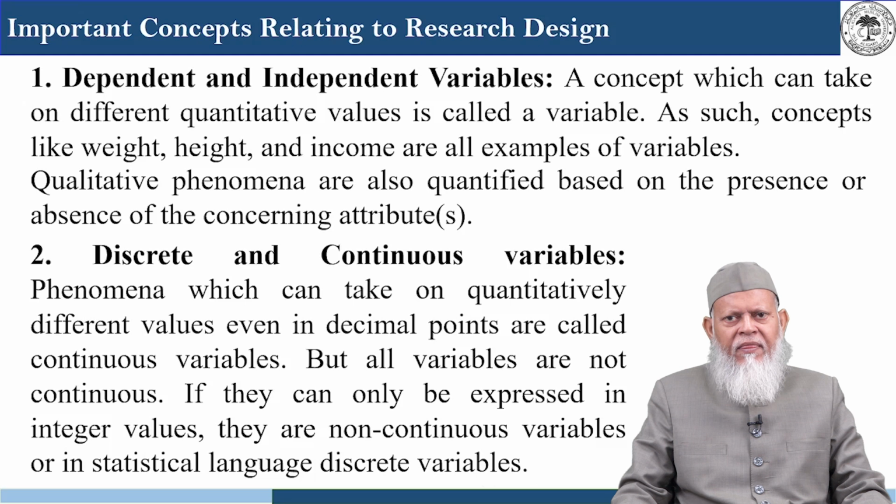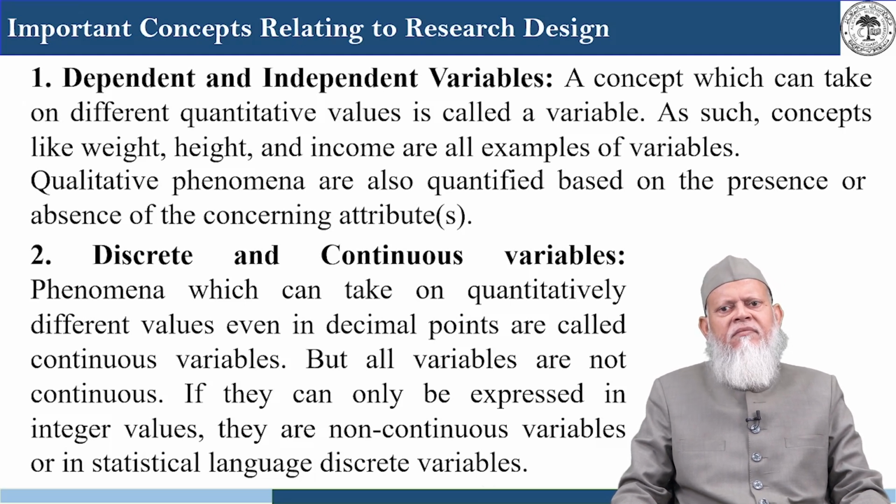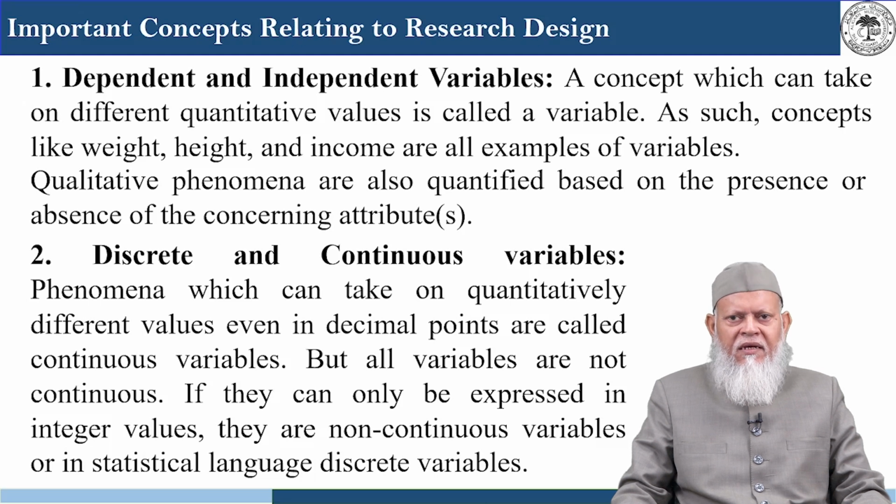Or if we say that poverty breeds crime, then again here poverty is an independent variable, whereas crime is the dependent variable, because poverty is making crime happen through the statement that we have undertaken.